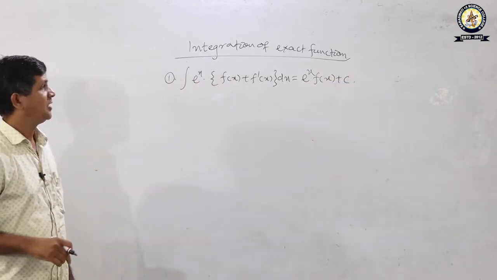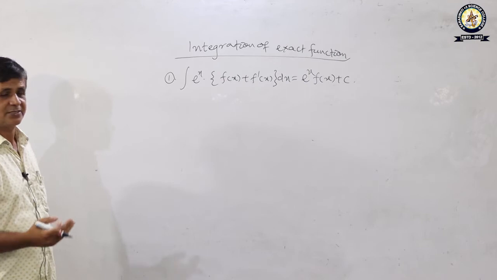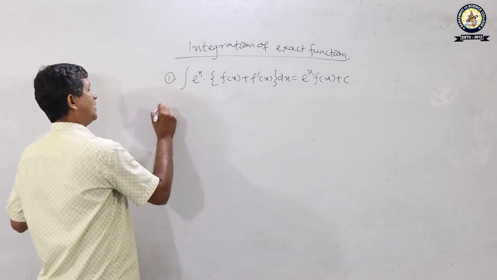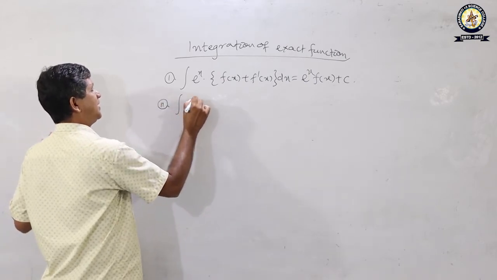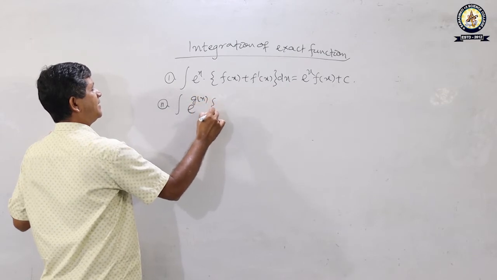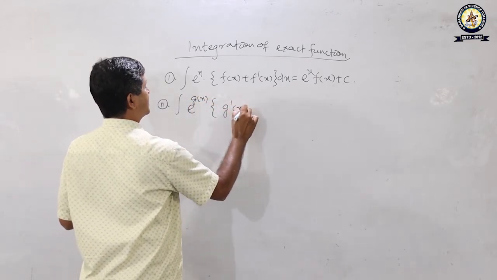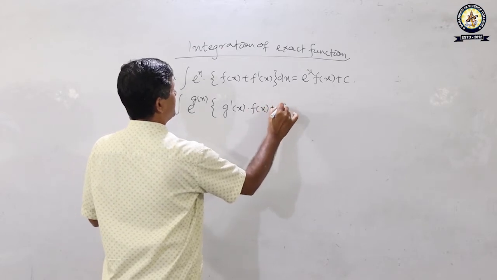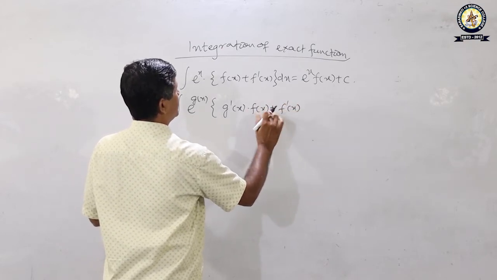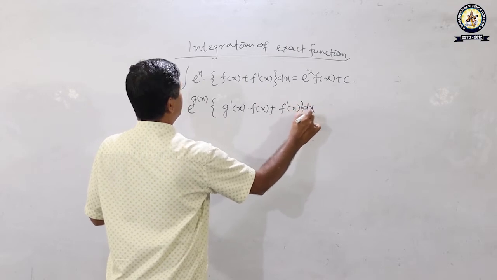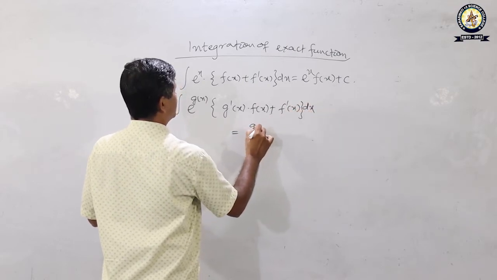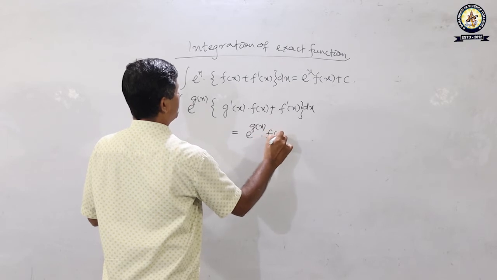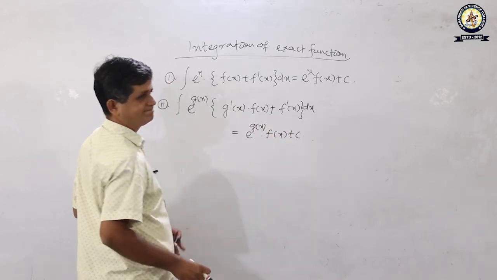This is the first formula for integration by parts in the exact function case. Second is the integration of e to the power g of x into g dash x into f of x plus f dash x into dx, which is equal to e to the power g of x into f of x plus c.